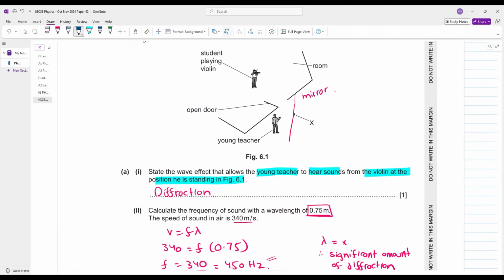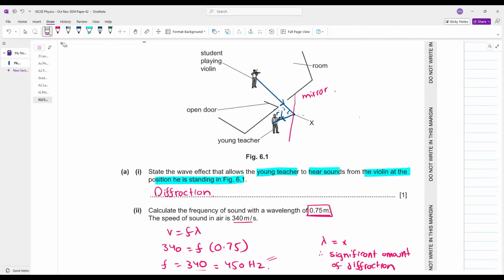Light rays will come from the student and hit the mirror like this, and these light rays will reflect back like this into the teacher's eyes. This is your normal, this is your angle of incidence, this is your angle of reflection. We have marked the angle of reflection and angle of incidence, and the light ray.